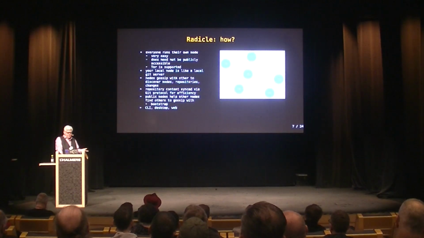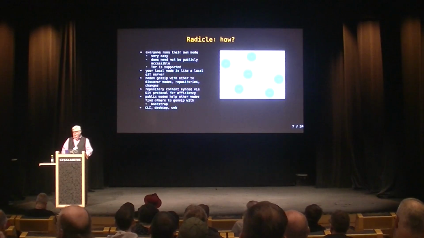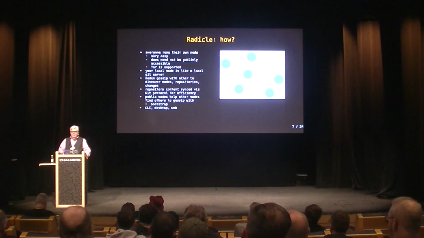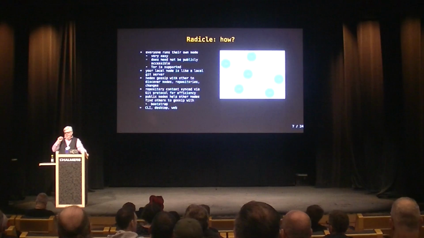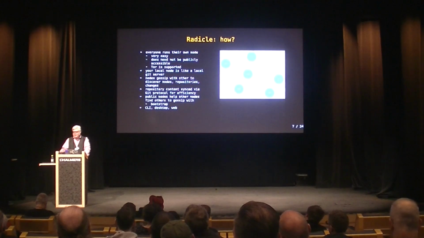The gossip protocol is used between nodes to say, hey, I'm so-and-so, I have heard that there exists this node so-and-so, and they have these repositories. The Git protocol is for transferring actual changes to repositories because the Git protocol is very performant, and there's no point in reinventing it.